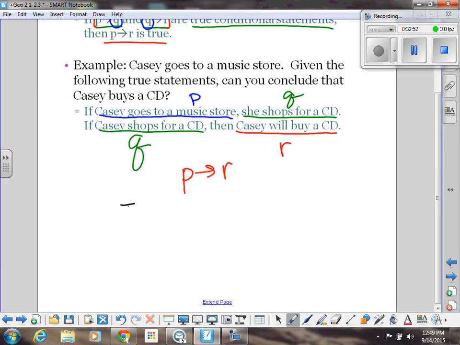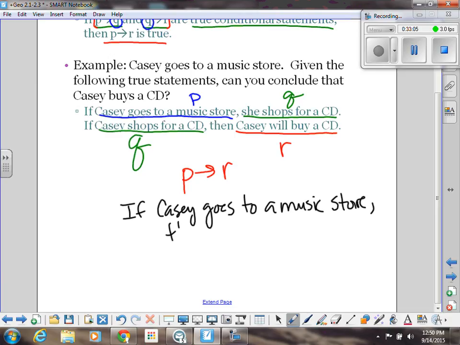It'll say if Casey goes to a music store, then what? She will buy a CD. Okay? That's our conclusion. We know that has to be true if those original two are true.